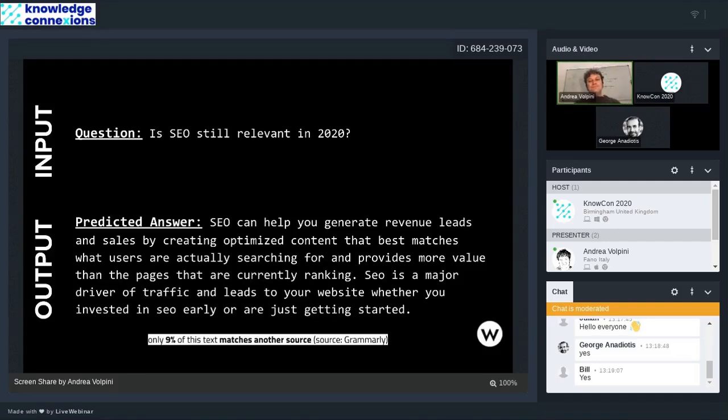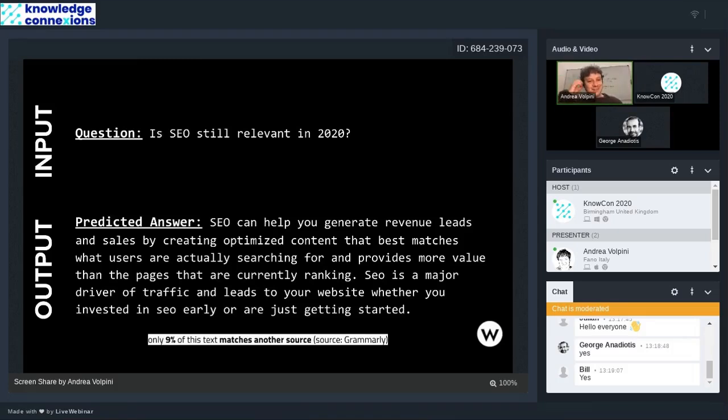So here I'm starting to play with the transformers so that you can familiarize yourself with the type of content that we can generate, the way it works, and the limits. On the upper side of the screen, you see the question that I have provided to the model, and then on the output you see the answer that I get. And I always start by questioning if SEO is dead, especially at the end of the year.